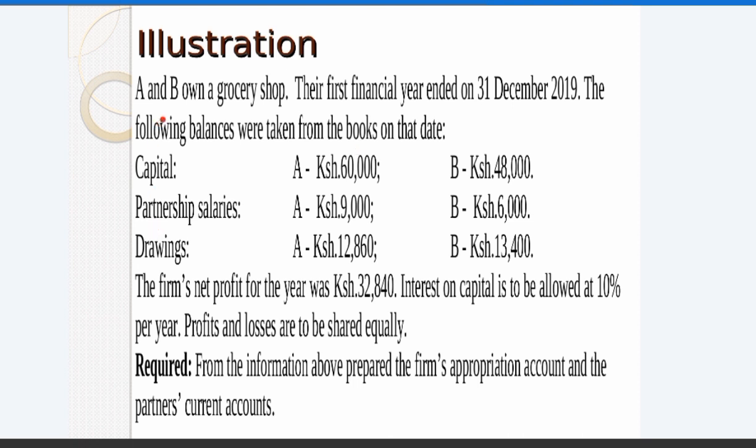Then these partners are paid salaries for taking a role in the running of the partnership. Partner A is entitled to 9,000 salary and partner B 6,000. During that year, the drawings of A were 12,860 and the drawings of B were 13,400.